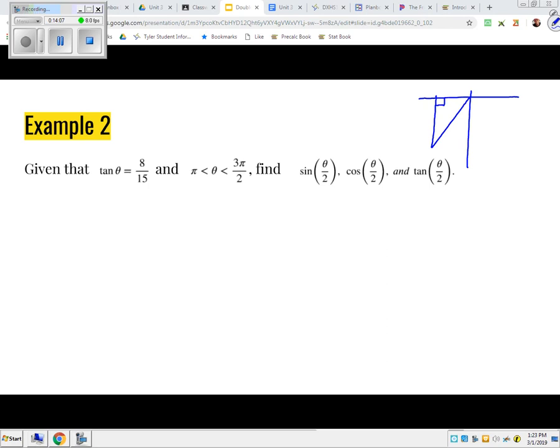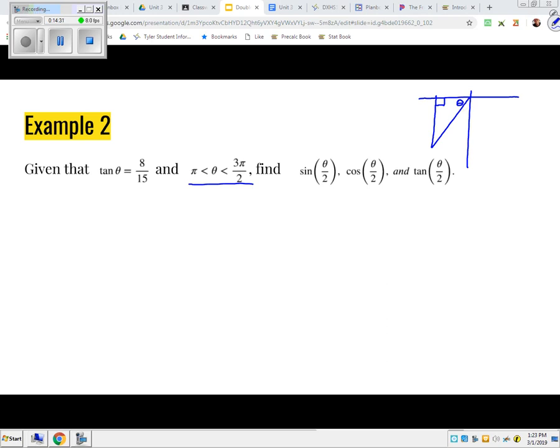All right, so my theta's up here. All right, so I've used this information. What's that 8/15 going to tell me? Opposite over adjacent.